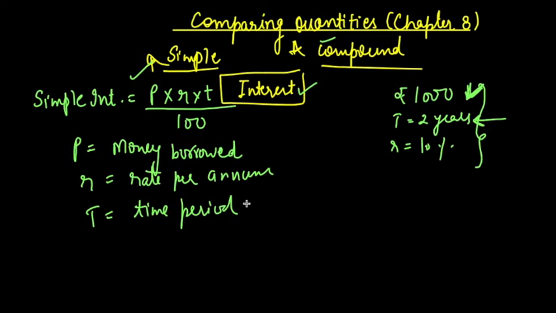So this is how we calculate simple interest, and then how much amount you have to return to the bank can be calculated as principal plus simple interest. The principal is the money which you have actually taken from the bank, and if we add the simple interest to it, that gives us the amount which we have to return to the bank.